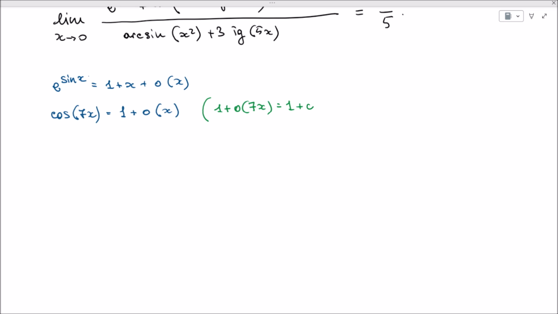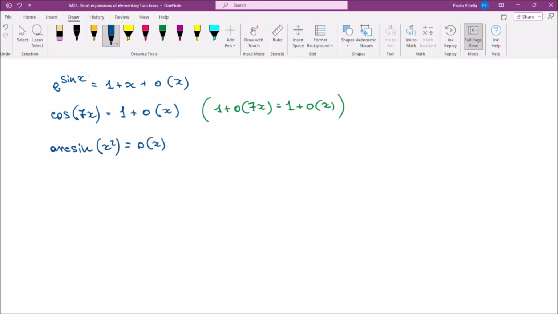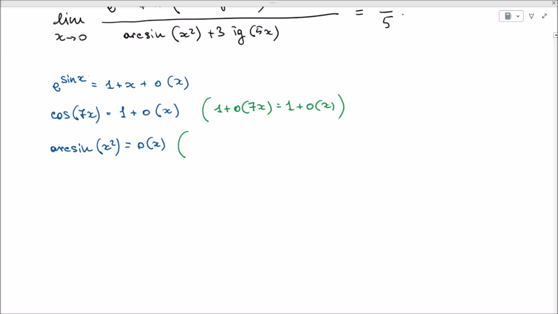Then we need to expand the arc sine of x squared, and I'm saying that this is just equal to little o of x. Now, why is that? Let me prove this other expansion, because actually arc sine of x squared would be equal to x squared plus little o of x squared, but both of these are equal to little o of x, so this proves the expansion.